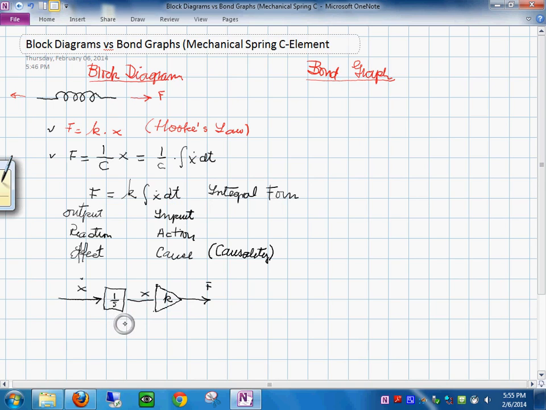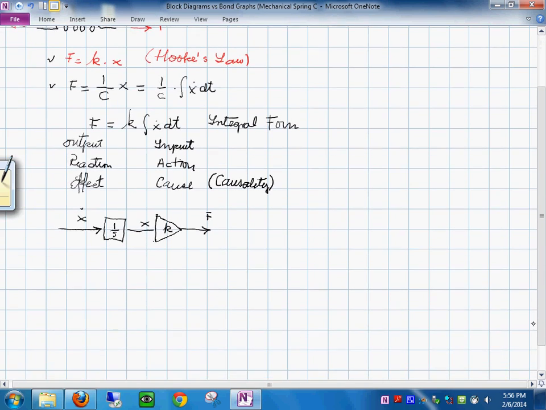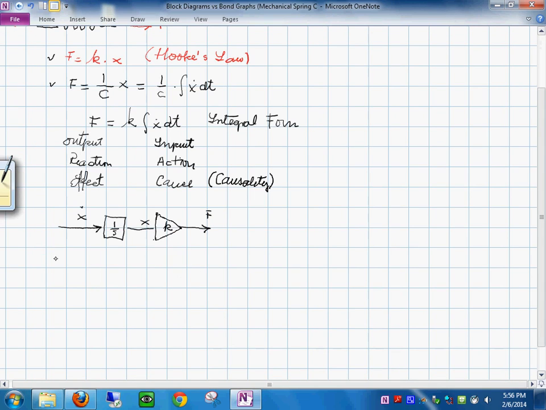But we could write the equation a little differently. Why don't we draw a line in here just to separate things?